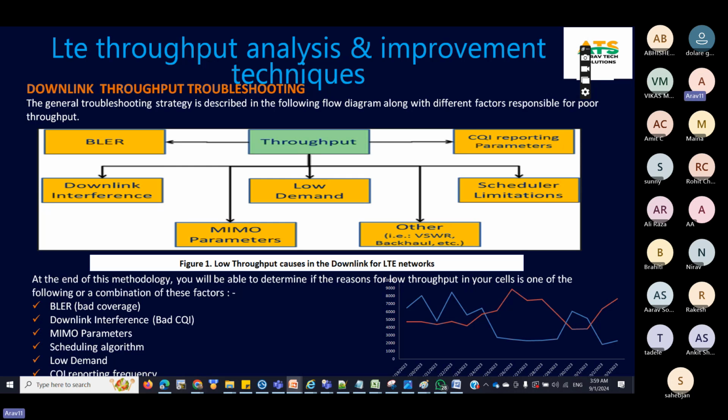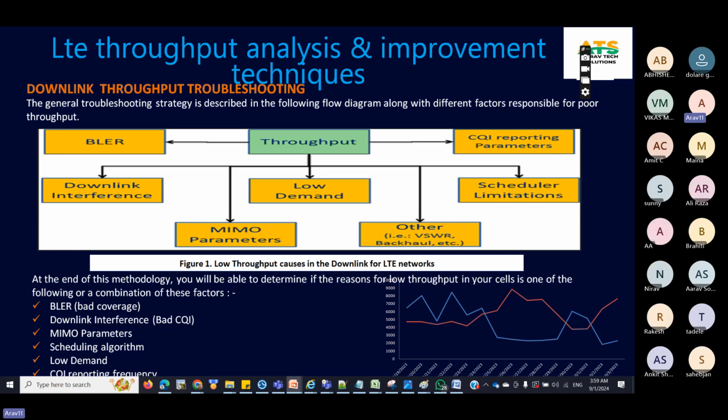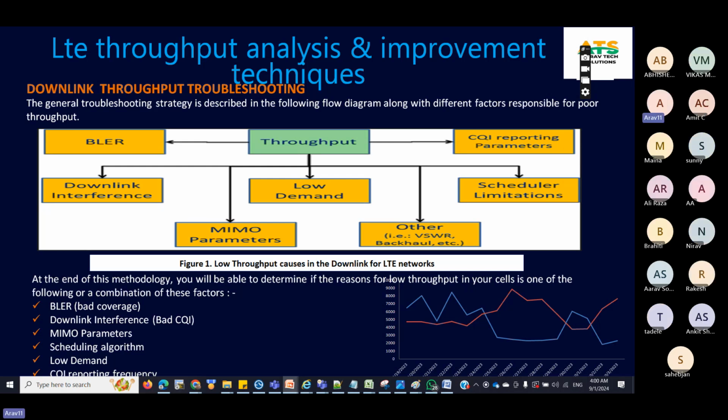Sometimes you can find that there is no volume in the site. Once LTE comes into our network, there are fewer LTE handsets, so you are getting very little volume, and at the end you are getting less throughput.